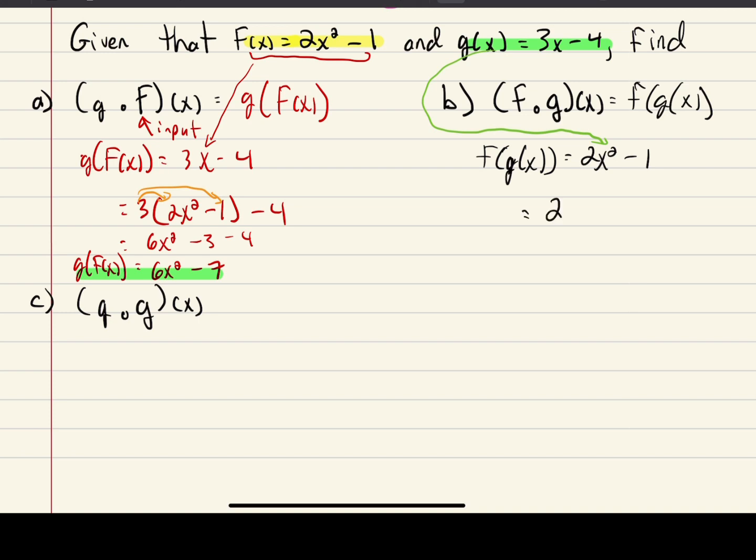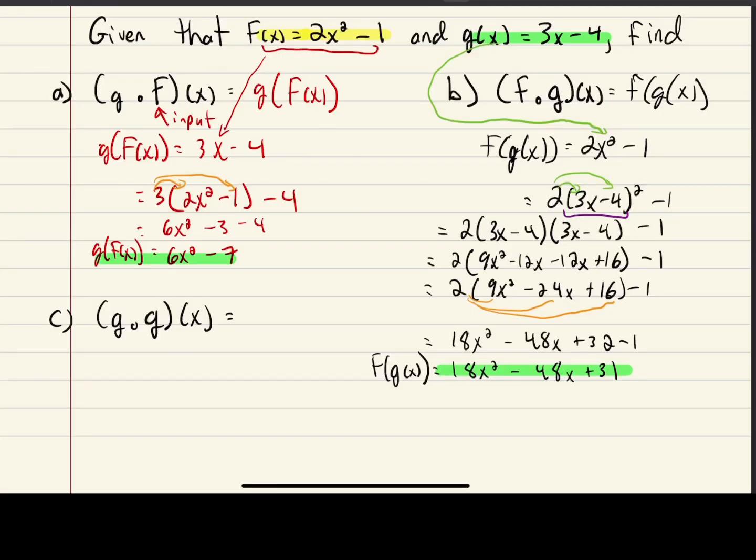When we do that, that's going to be 3x minus 4 squared minus 1. Actually, what we should do is expand this first. So finally, after all the distributive property and the simplification, we get that f of g at x is equal to 18x squared minus 48x plus 31.